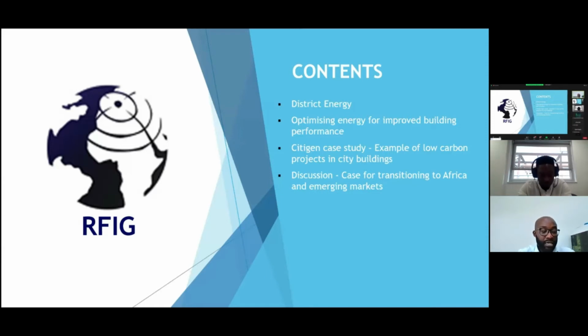We will then review a case study, a low carbon example of a live project that Lekki is responsible for. And then, finally, we would like you all to join us in a conversation, a discussion forum actually, on transitioning this to Africa and emerging markets. And if I could just recap on what His Excellency, the Danish ambassador said, we need all hands on board to support transition.